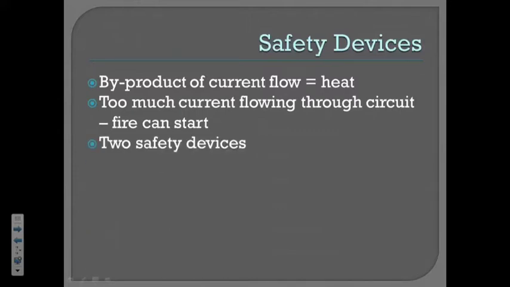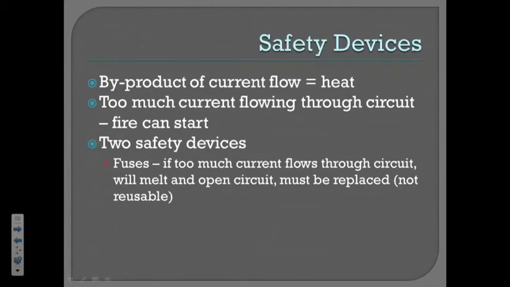And there are two safety devices that we put into electrical circuits so that, if we're away and some sort of electrical issue happens, there will be some sort of safety device in there to cause things to not go so bad.